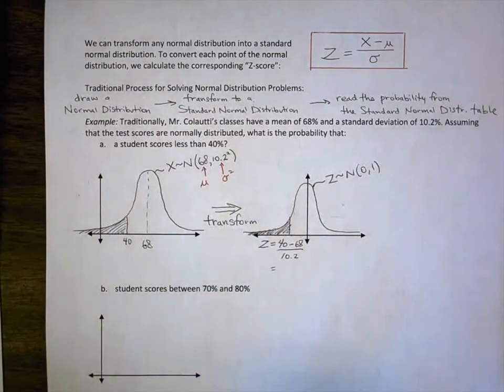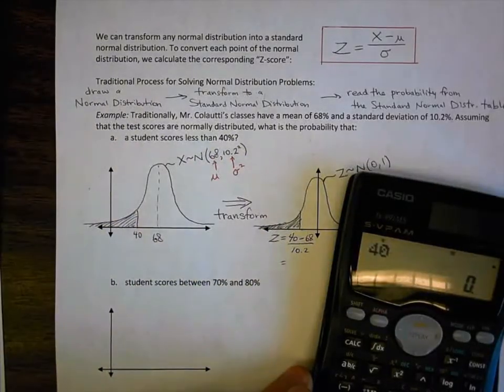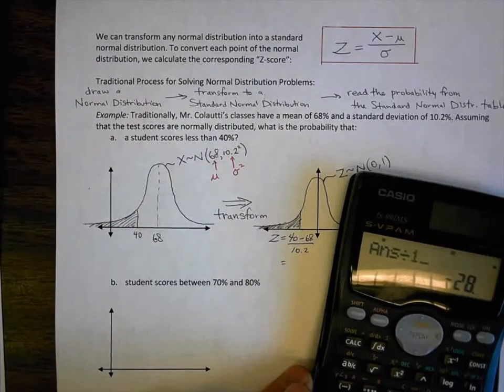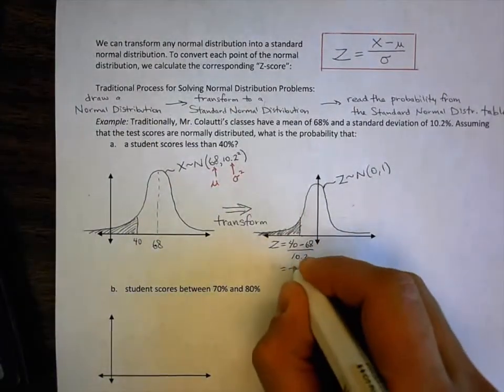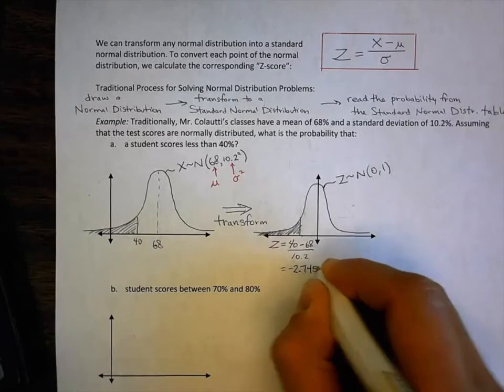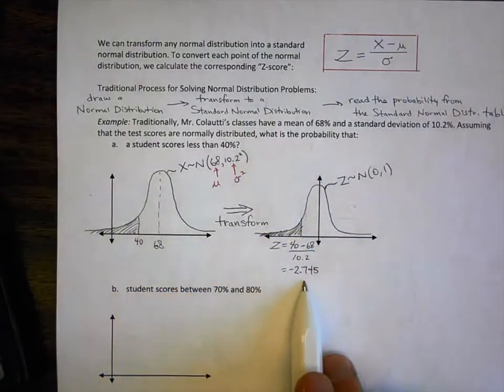If I type those into a calculator, I have 40 minus 68 divided by 10.2. That gives me negative 2.745. So in my new standard deviation world, this cutoff is no longer 40, it's now negative 2.745.